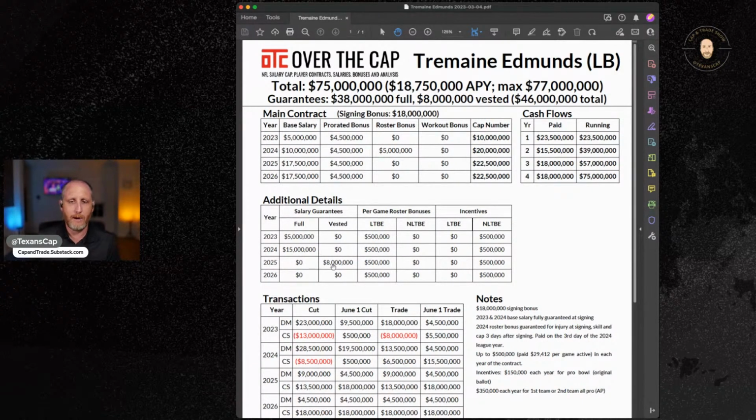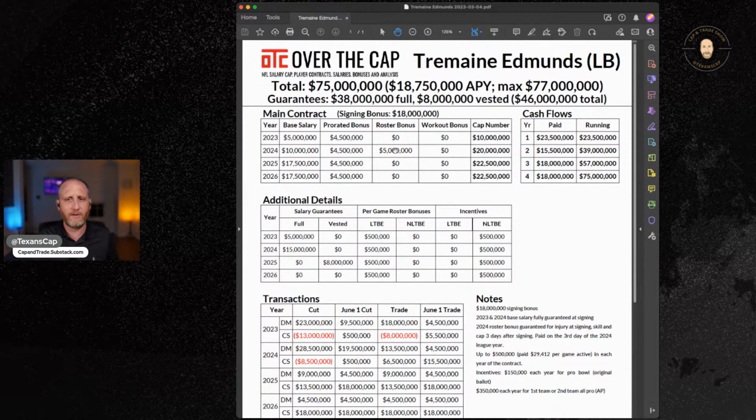Because this number is under 19 million, we're going to have to entice him with some other factors in the contract structure. One of these is an early vesting guarantee. So by the third day of the league year in 2024, the second year of the contract, he's going to have 15 million already guaranteed with another 8 million set to guaranteeing in addition to the early roster bonus.